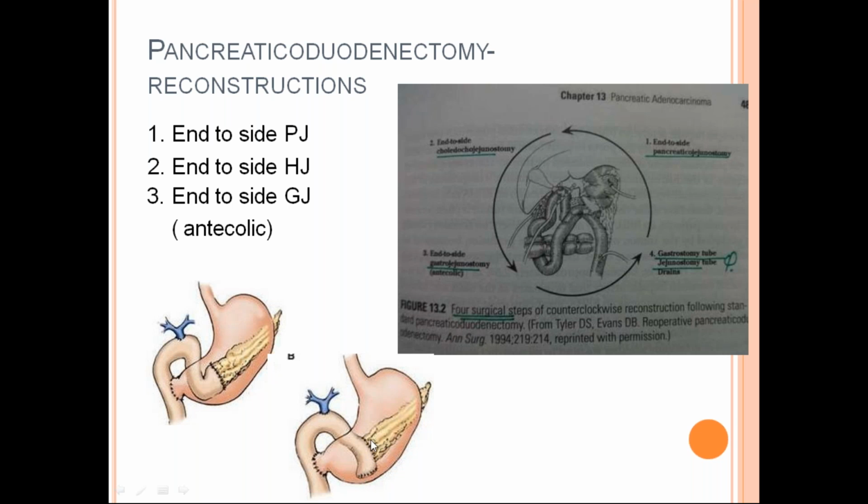Okay, end to side pancreaticojejunostomy is done. Then end to side hepaticojejunostomy, that is, side of the jejunum and end of the bile duct. Okay, end to side hepaticojejunostomy followed by JJ, antecolic JJ. Okay, the only difference is here end to end is done, here end to side is done. That is the only difference.